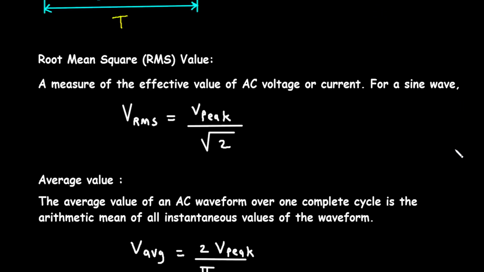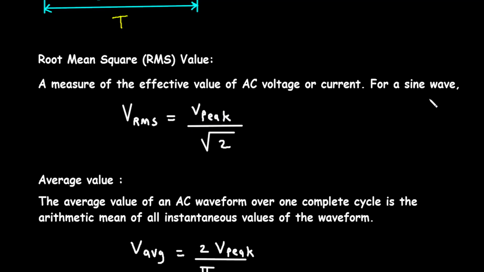Then next is root mean square or RMS value. Now what is RMS value? A measure of the effective value of AC voltage or current. So it is the effective value of voltage or current. For a sine wave, it is given by Vrms is equal to V peak divided by root 2.